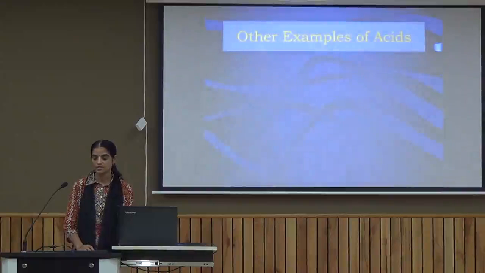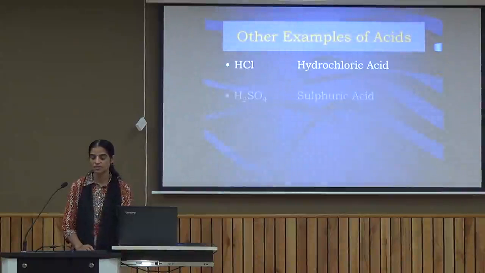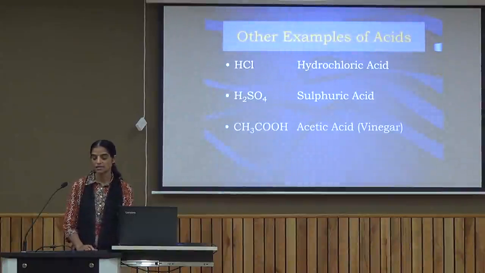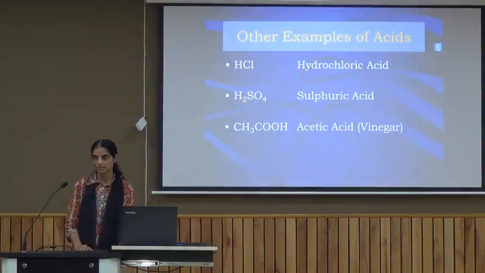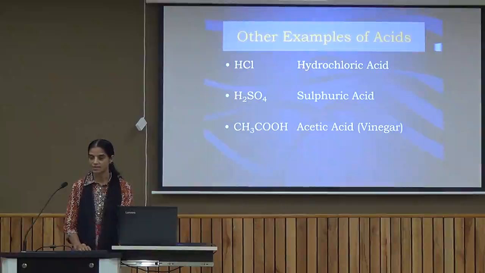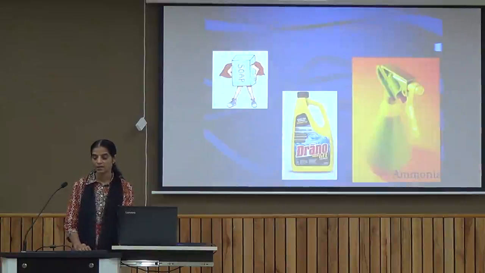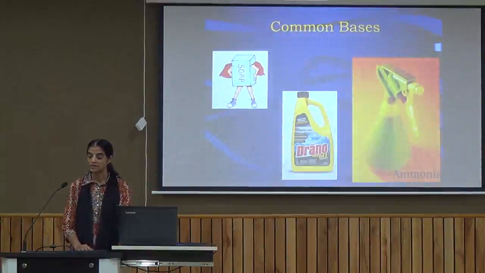Now let us see some other examples of acids. These are hydrochloric acid, sulfuric acid, and acetic acid, which you already know. Hydrochloric acid and sulfuric acid are placed in the category of mineral acids, and acetic acid is placed in the category of organic acids. Now some common bases.